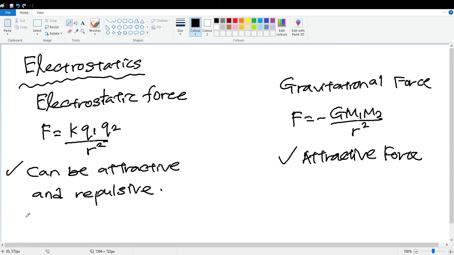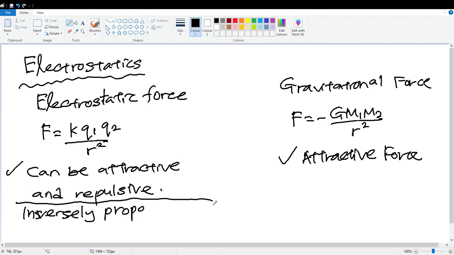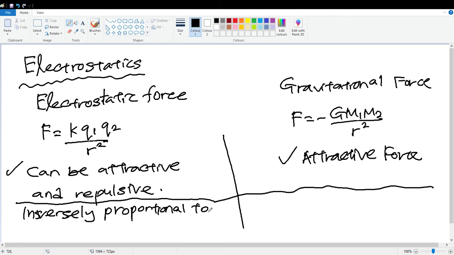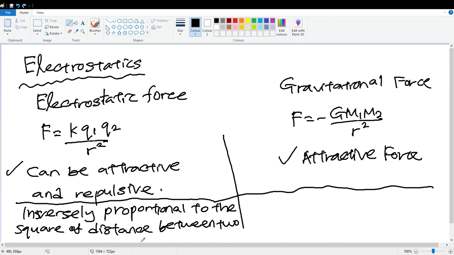As for the second difference, the electrostatic force is inversely proportional to the square of the distance between two charges.